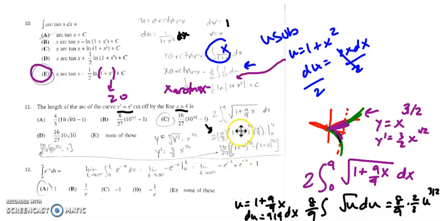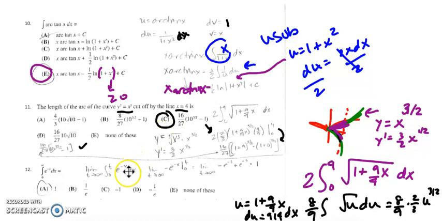And then plugging in 0, I get 1 to the 3/2, which is right here. Notice that from this step to this step, I multiplied through the 2 times the 2/3 times the 4/9, and I got 4 times 4 is 16 over 27. So then I end up with 16 over 27 times 10 to the 3/2 minus 1 to the 3/2, and it looks like that exactly matches choice C.